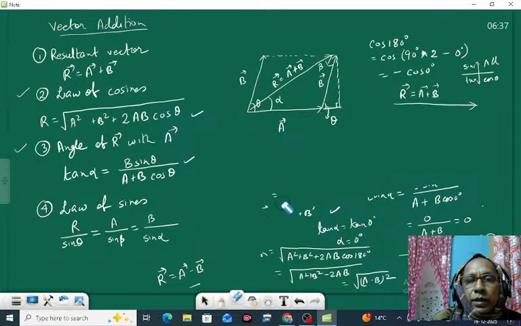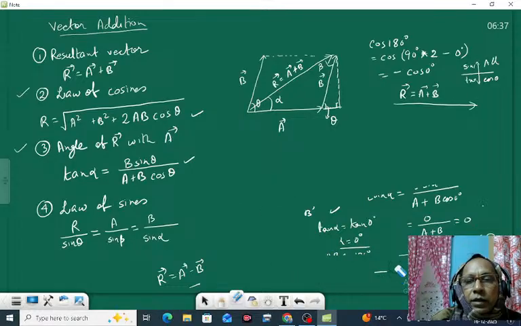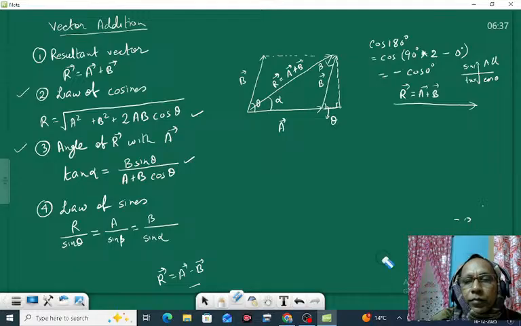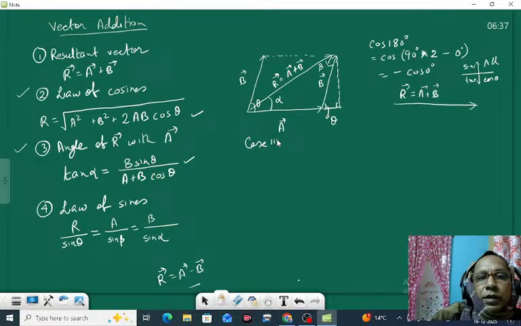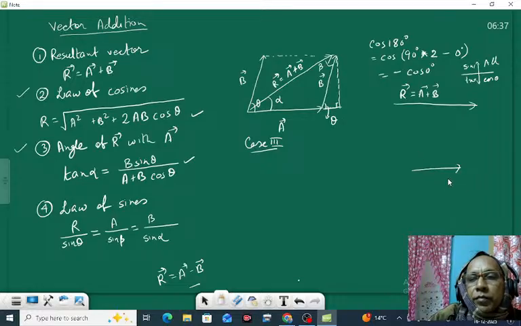We go to case 3 and find the resultant of these vectors. If they are perpendicular to each other, then what will happen? Suppose there are two vectors, vector A and vector B, and the angle between them is 90 degree. Therefore, theta is equal to 90 degree.